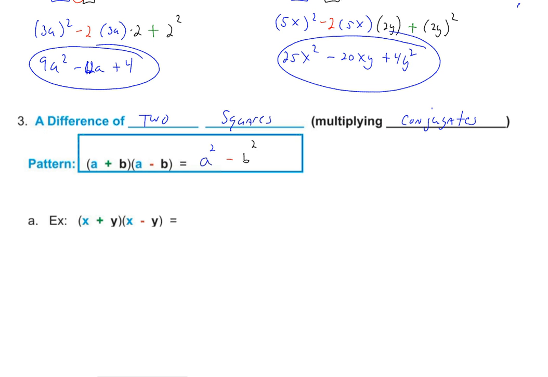So if we were to do this one, and this is a simplistic example, it would be the A squared, which in this case is an X, a minus sign, and the B squared, which is a Y, a difference of 2 squares. You see, that's where you end up. You have 2 things being squared. It's a difference of 2 squares. So again, next chapter, we're going to take this and factor it into that. We're going to go backwards.